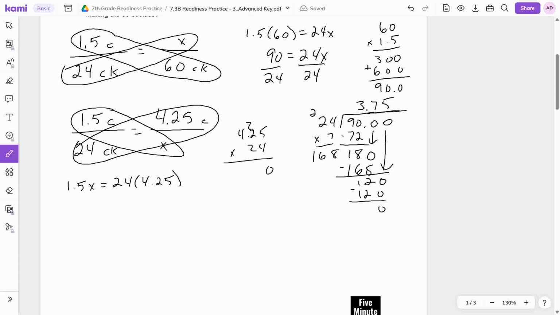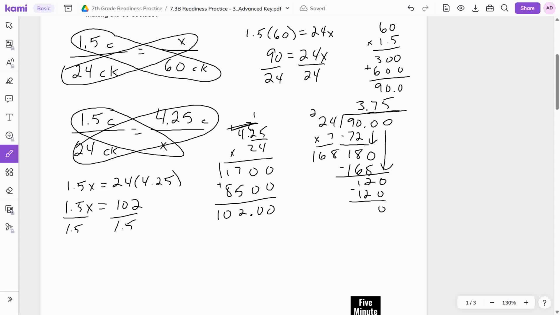That's going to be 20, that's 10, that's 17, and then that's 10, that's 5, and that's 8. And that is going to be 102, because I've got 2 digits behind the decimal, 2 digits behind the decimal. So it's 1.5x equals 102.